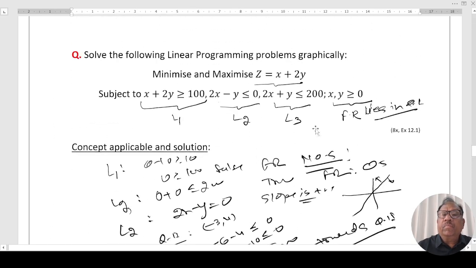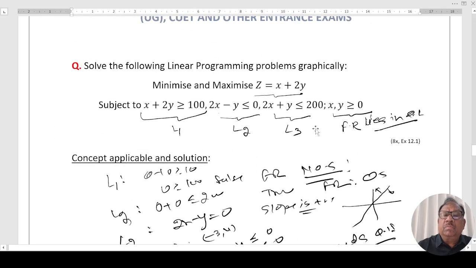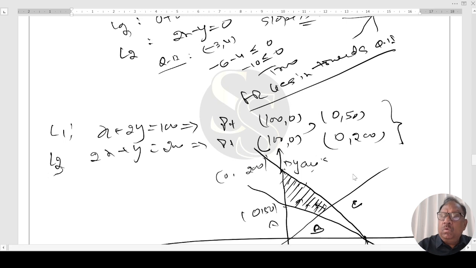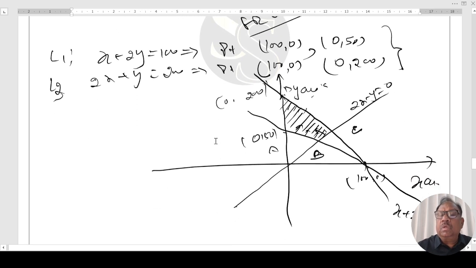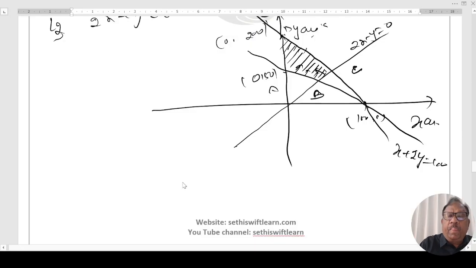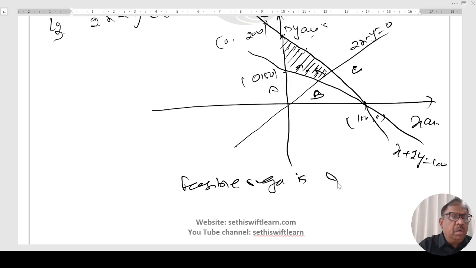This line is 2x minus y equal to 0. This is the feasible region, A, B, C, D. B point का निकल के आएगा.